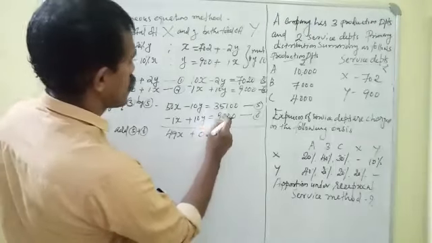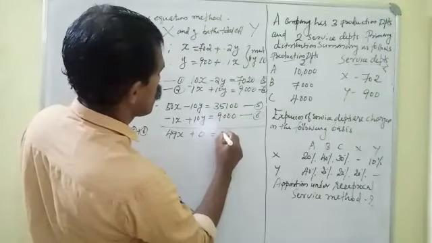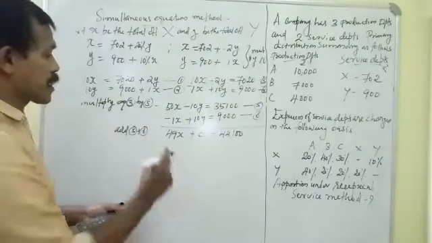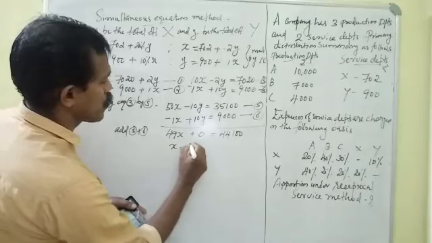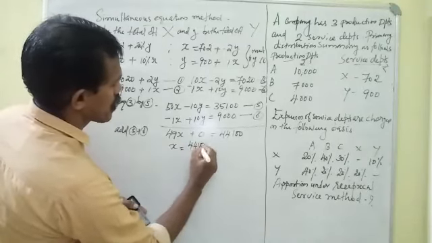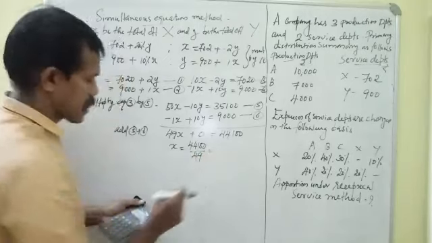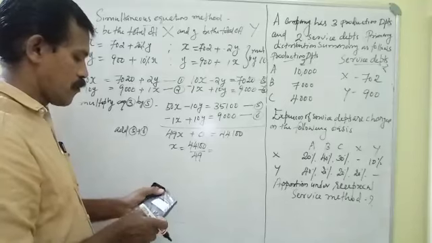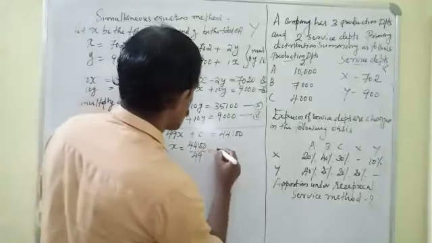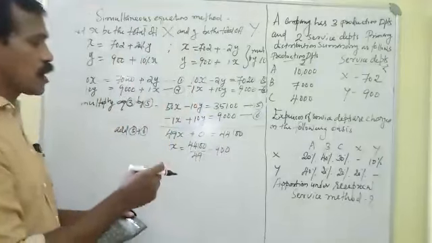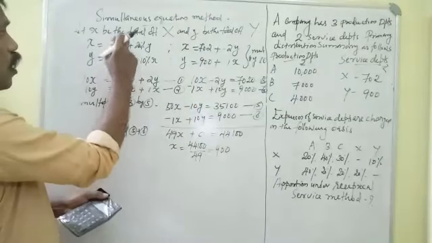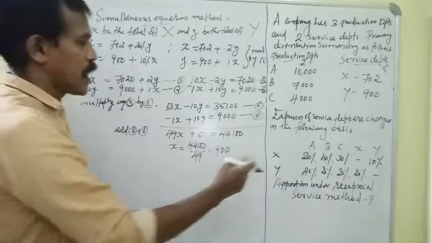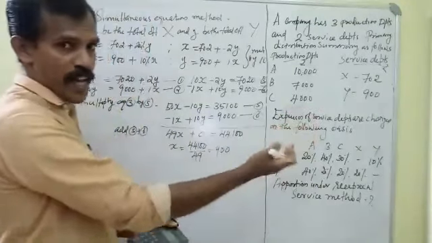That is equal to 35,100 plus 9,000, that is 44,100. By solving this we get x is equal to 44,100 divided by 49. That comes to 900.